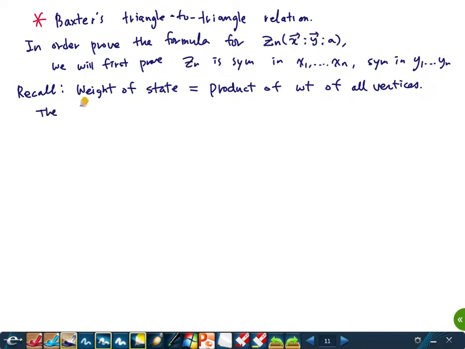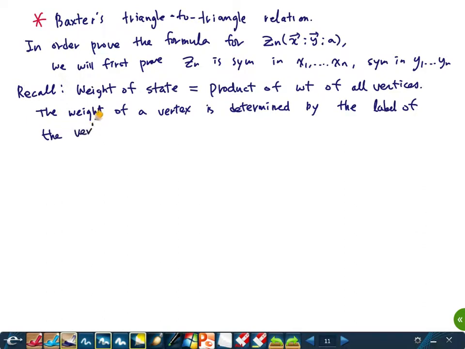The weight of a vertex is determined by the label of the vertex, I mean zij, or xi over yj, and the arrows at that vertex. Now we are working on the six-vertex model.